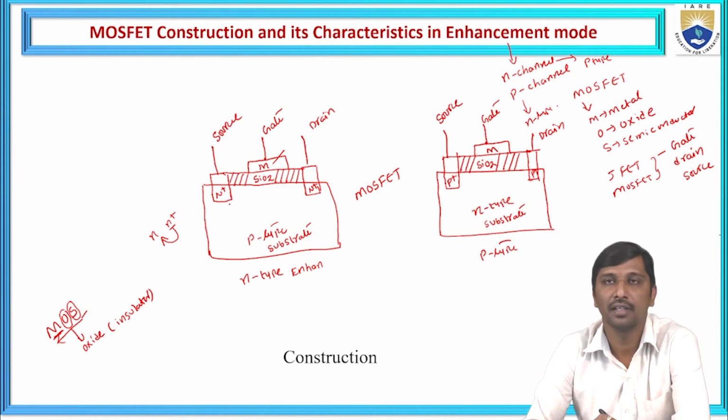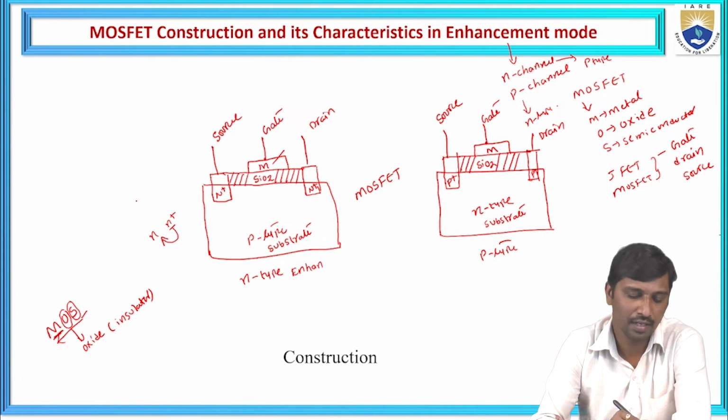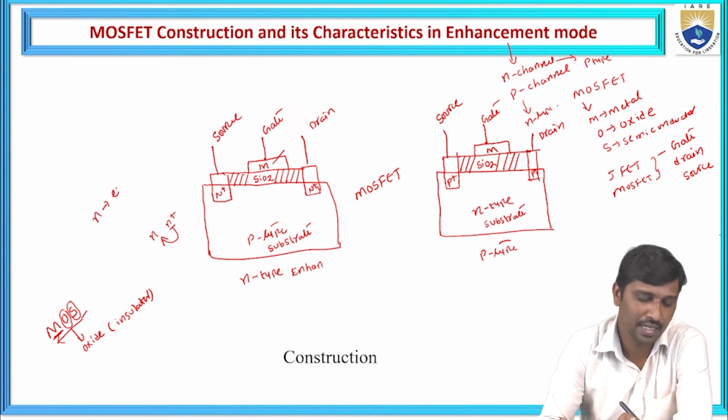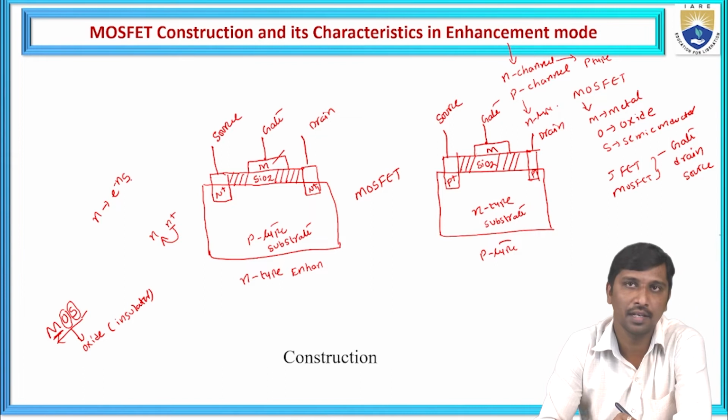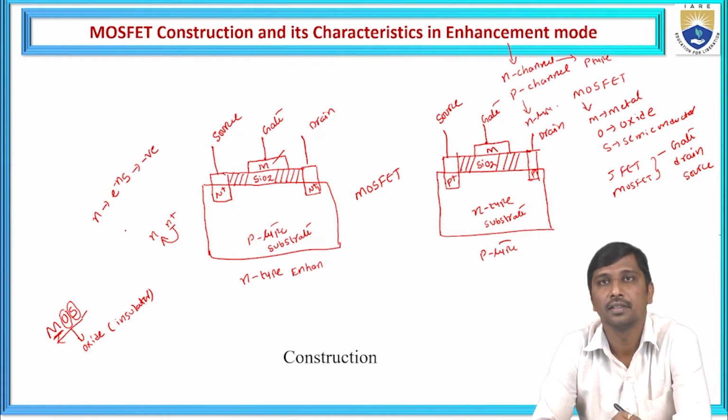We know that for N-type material, the majority charge carriers are electrons, and electron is a negative charge particle. So if we want to diffuse these negative charge particles, we need to apply a negative energy.